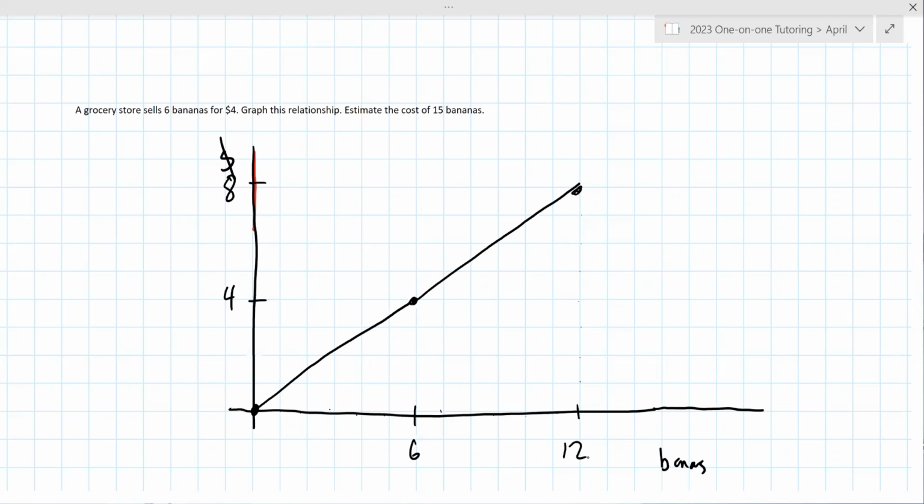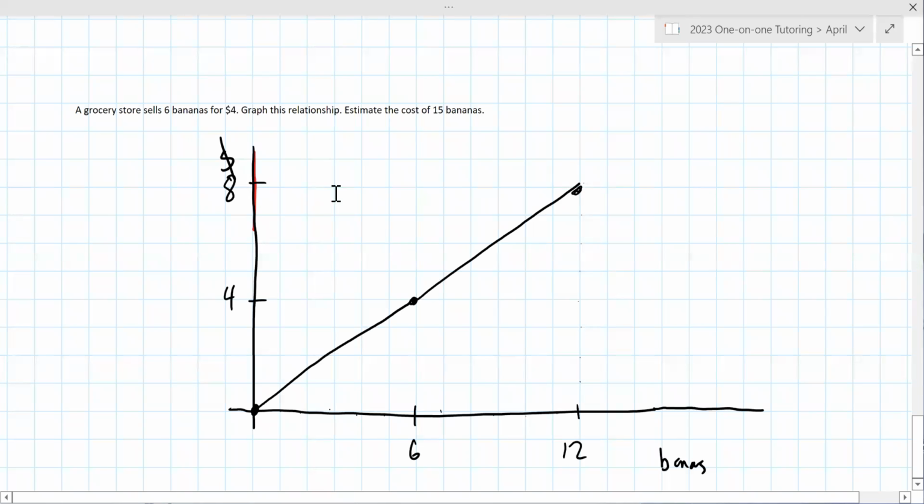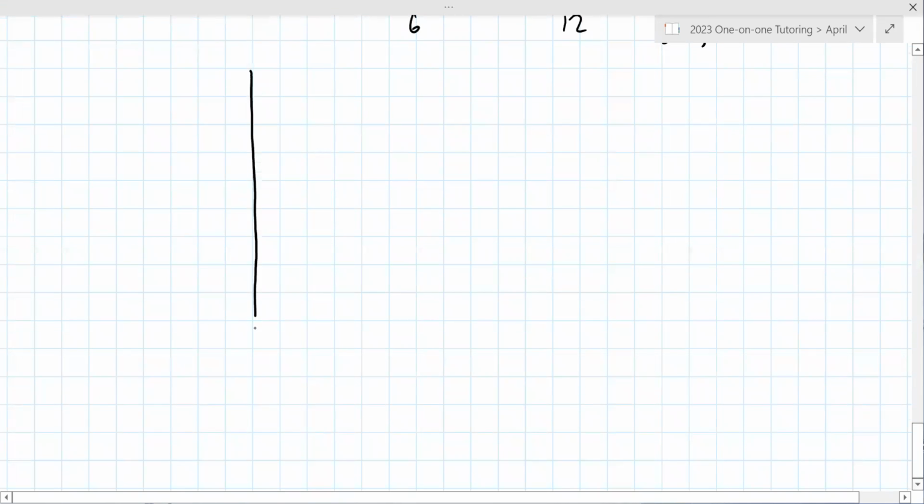I know your graph is slightly different. Did you get 12 bananas cost $8 on your graph? Do you have that point? Or 8, 12, 12, 8, either way. Okay, I put 6, 12, 18 on the x-axis and 4, 8, 12 on the y-axis.